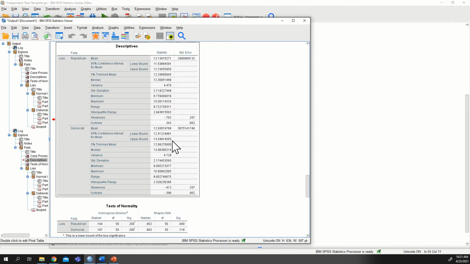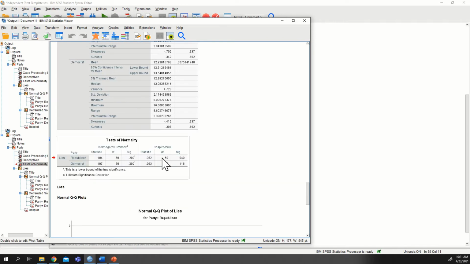Because this can be a little intimidating, with a lot of values and a lot of different terms, I want you to focus on the means, because we're interested in the means, and the standard error. As you can see, they're very similar. Our means are very similar, our standard errors are very similar.